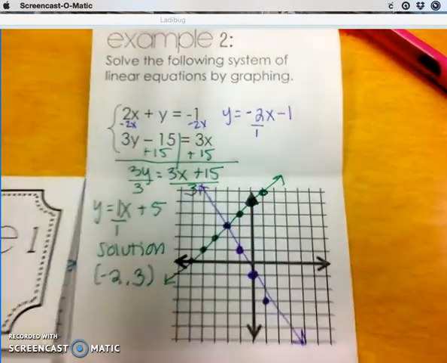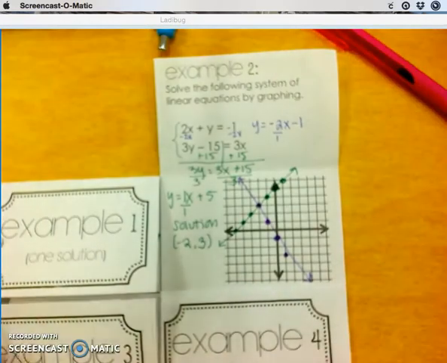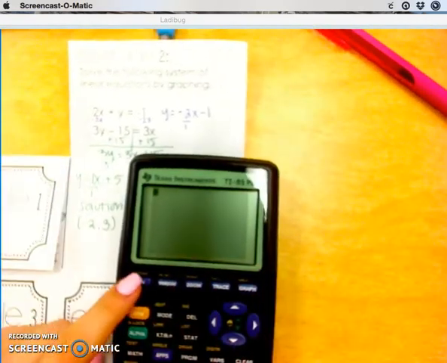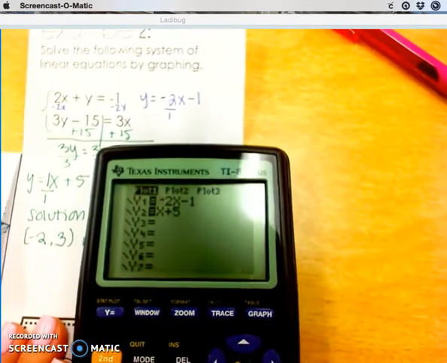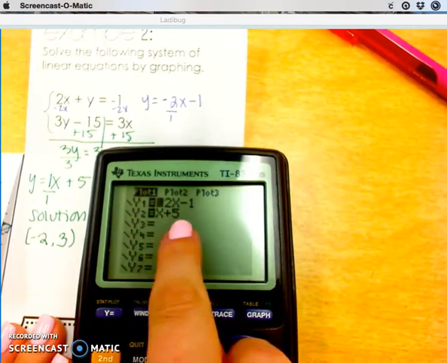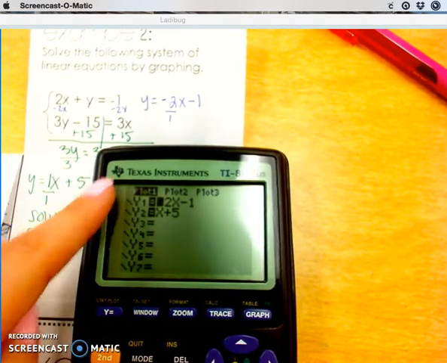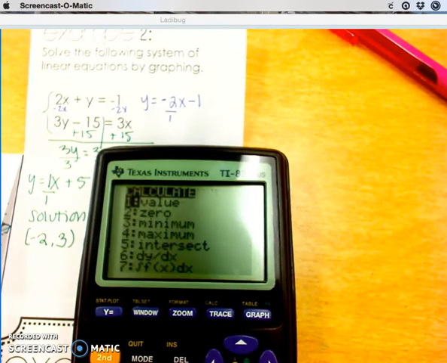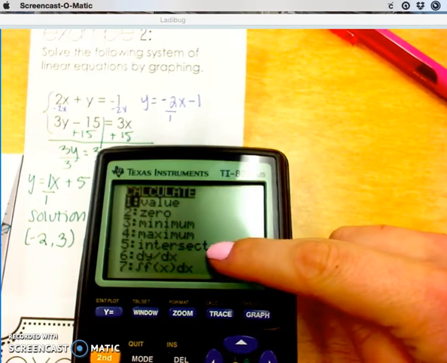The way to do this in a graphing calculator would be to put into the y equals your two equations, negative 2x minus 1 and x plus 5, in y1 and y2. And then you're going to hit second, trace, and we want to see where it intersects.